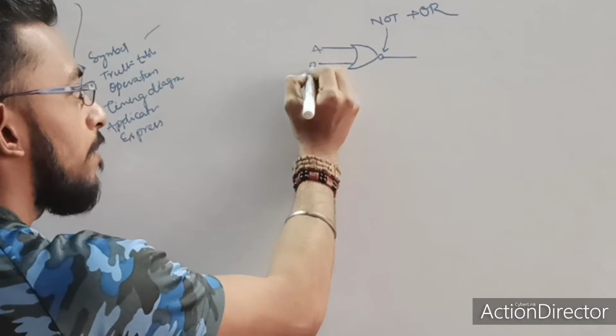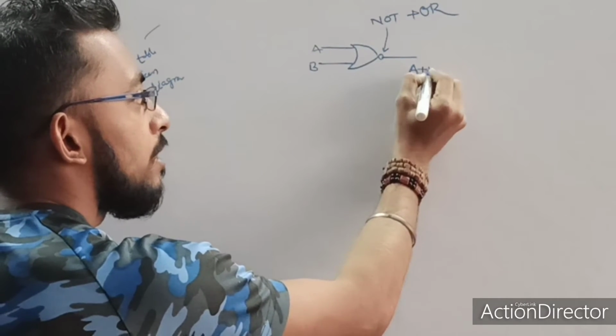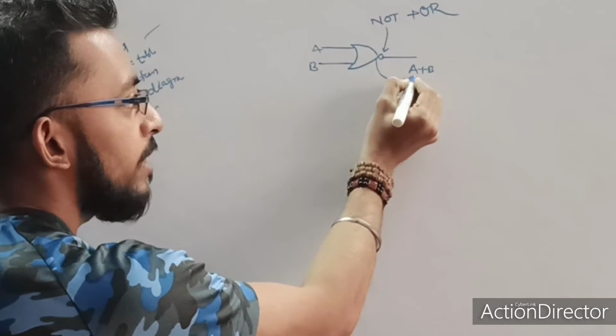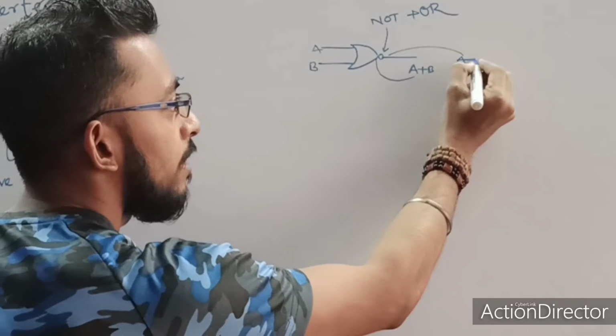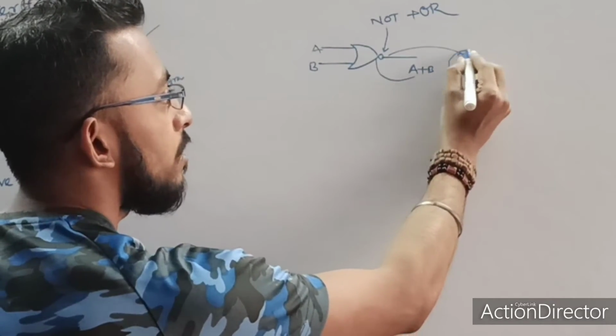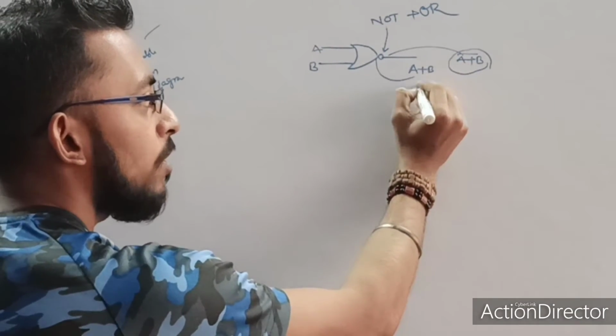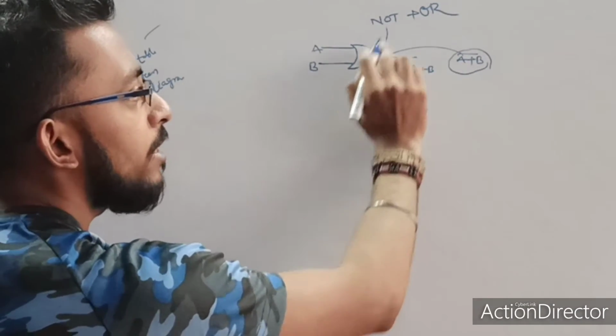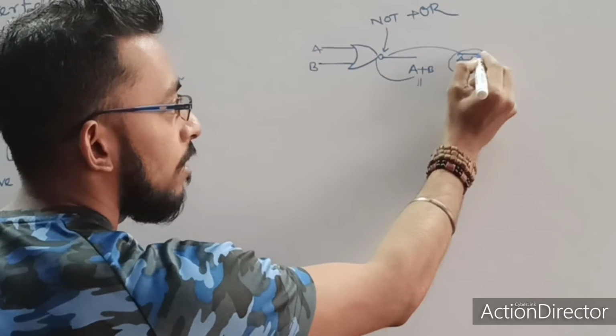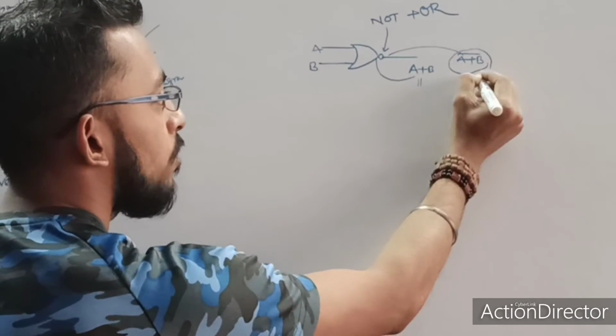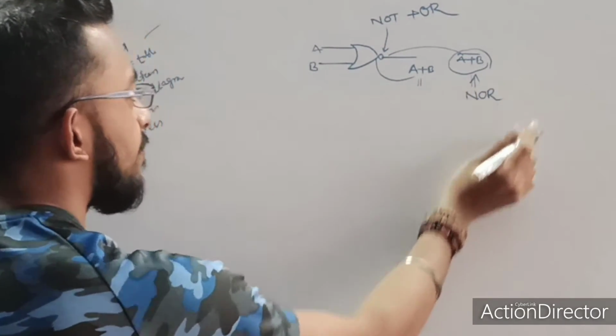So if this is A plus B, what will my output be? This OR gate output will give me A plus B, and after the bubble I will get A plus B whole bar. This is the output of the OR gate only, but because of this bubble, it takes the bar, that is A plus B whole bar. This is the output of the NOR gate.